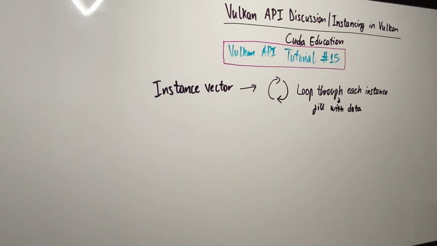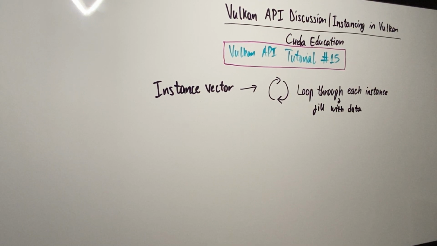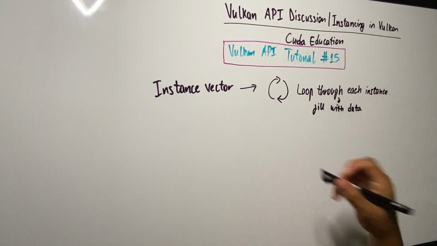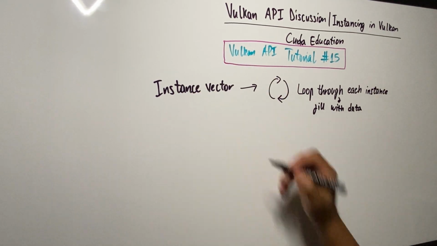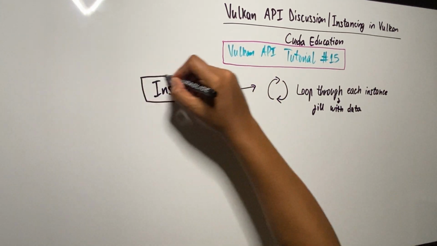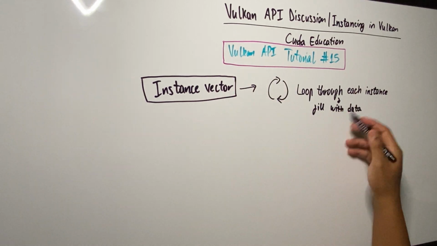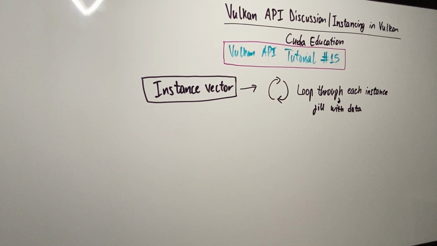So again, remember the instances are supposed to represent each of the rocks, right? So you're going to fill each instance with position information, rotation information, texture information, color information, all of that stuff, right? So we create an instance vector, and then we loop through each of the instances and fill it with data.